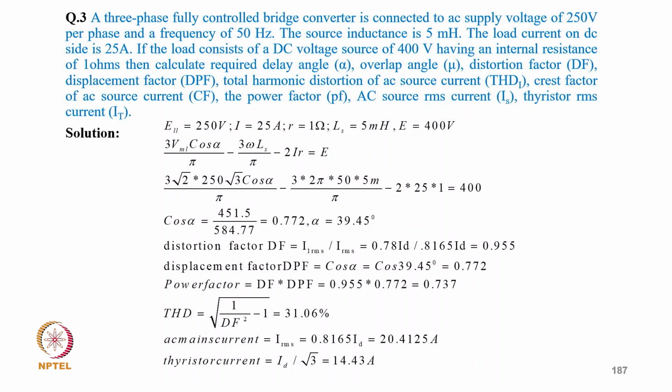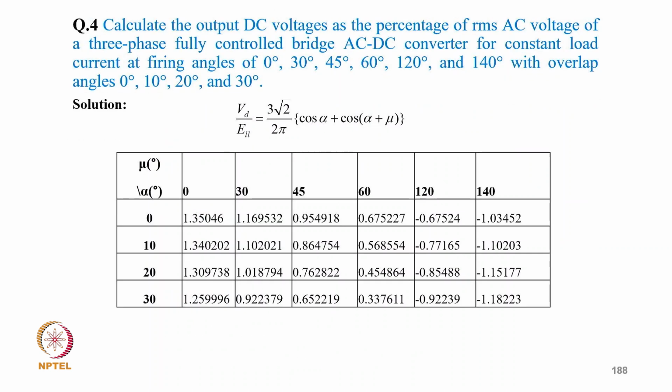Total armature distortion is 1 upon displacement factor distortion factor square minus 1, which comes 31.06. AC mains current IRMS equal to 0.8165 ID comes 20.4125 ampere, and thyristor RMS current ID by √3 comes 14.43 ampere.